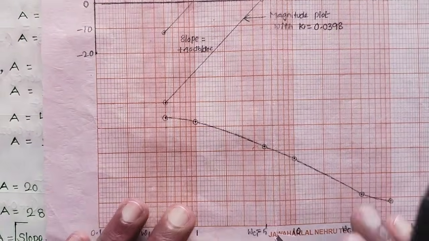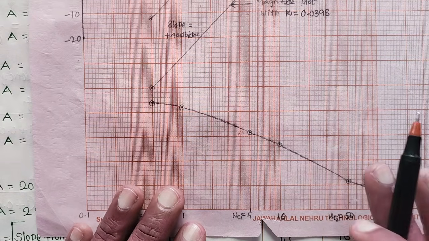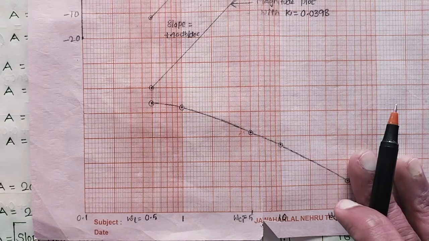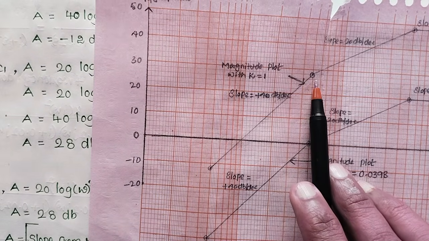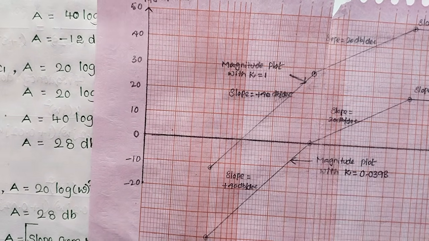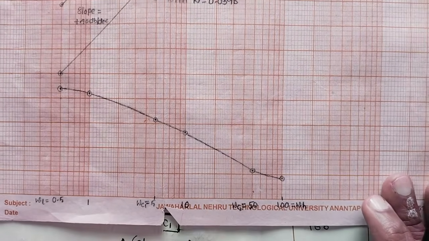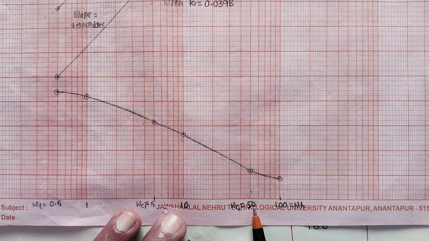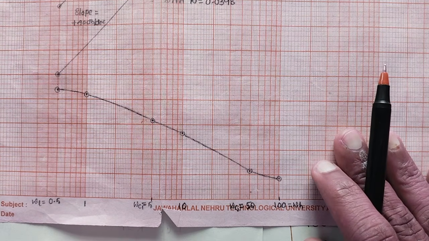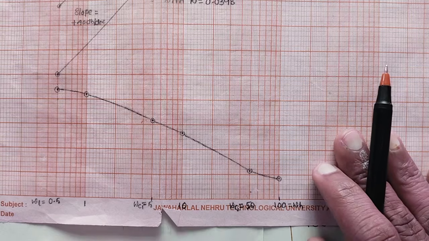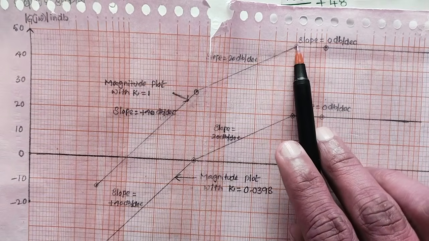Similarly, at omega C1 equal to 5 radians per second, the magnitude is 28 decibels. At omega C2 equal to 50 radians per second, the magnitude is 48 decibels.